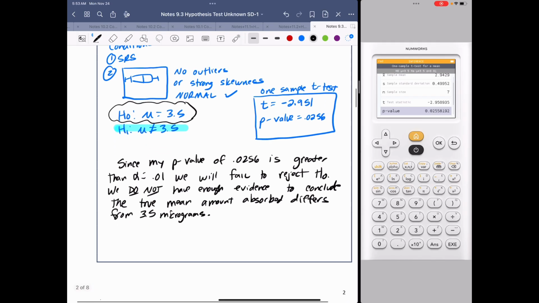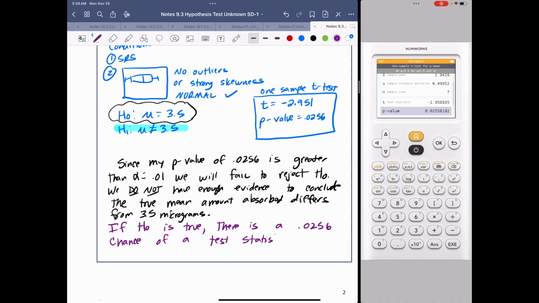All right, now when you interpret the p-value, it's a little bit different where it's two-tailed. So I'm going to say, if H0 is true, there is a 0.0256 chance of a test statistic as extreme or more extreme.